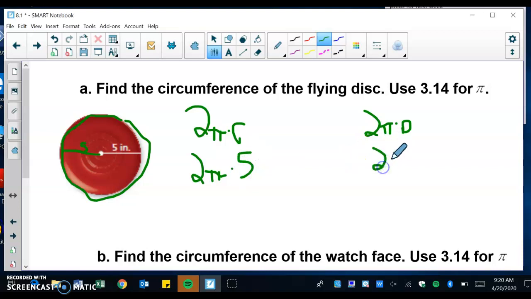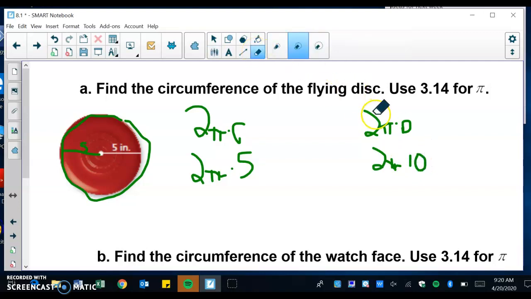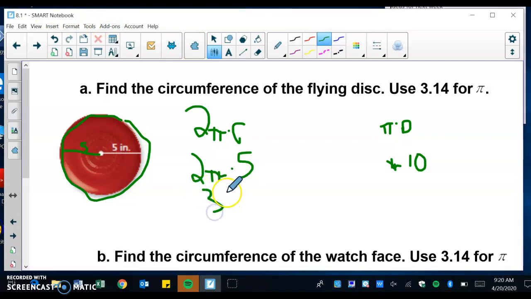And if I use diameter, it's pi times 10. Either way, you're going to get the same answer, which is going to be 31.4 inches. So that's the distance around the circle.